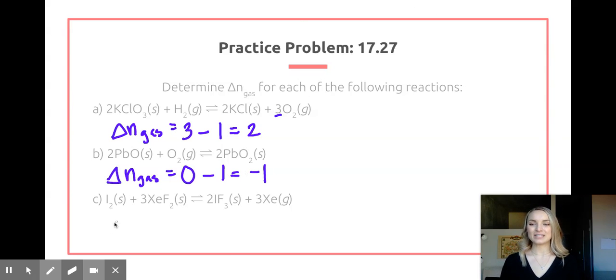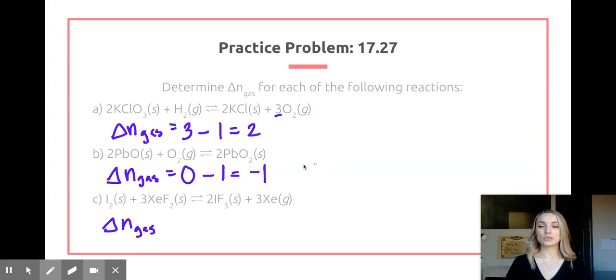And finally, C. We've got I2 solid plus 3XeF2 solid yields 2IF3 solid plus 3Xe gas. So here we have 3 moles of Xe gas minus 0 moles of gases in our reactants. Our exponent would be 3.